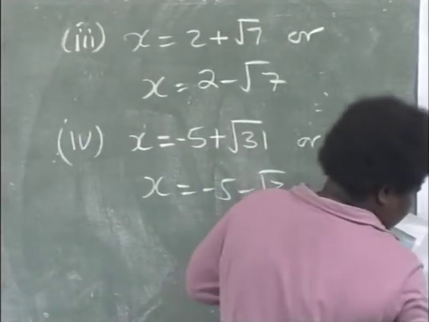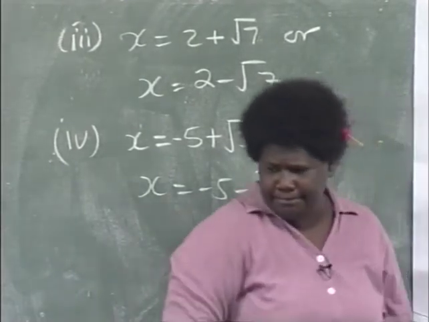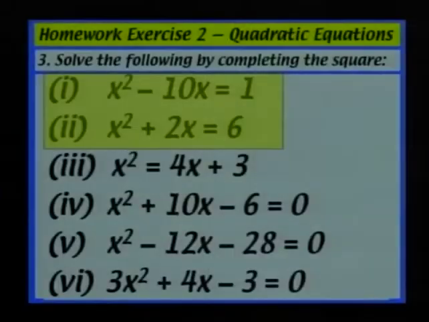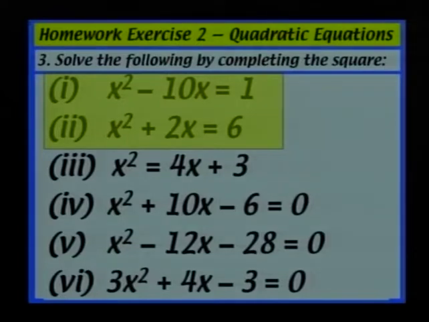Okay, is anyone willing to come and do question 5 on the board, please? Question 5. Nobody? Why? Kyle, you'll have to come and do number 5 on the board.